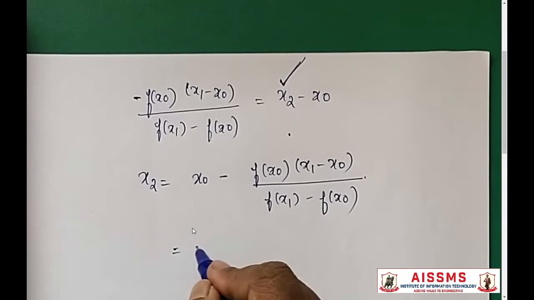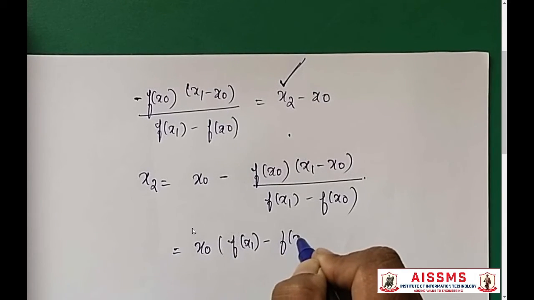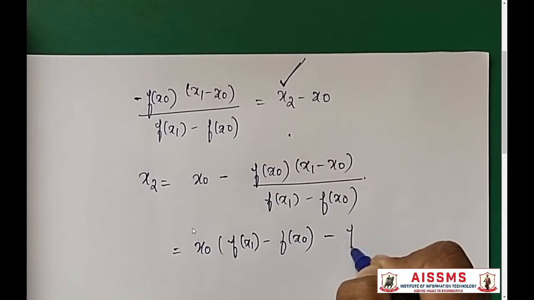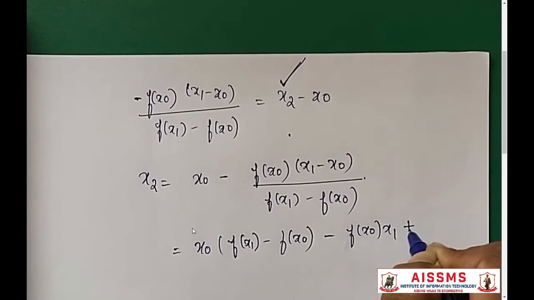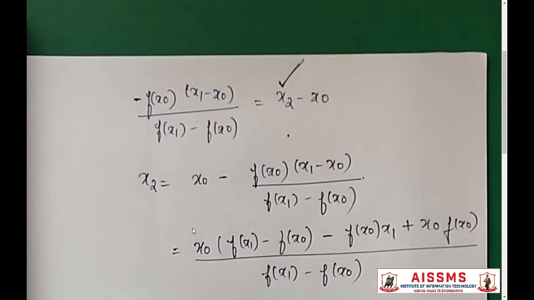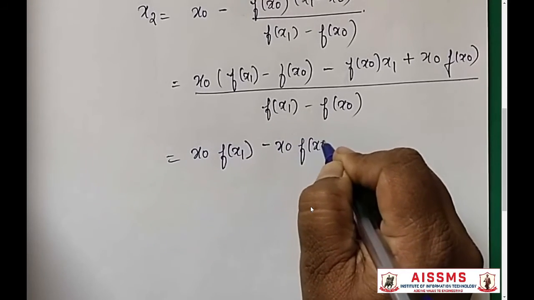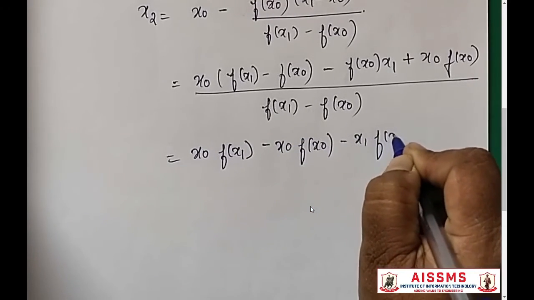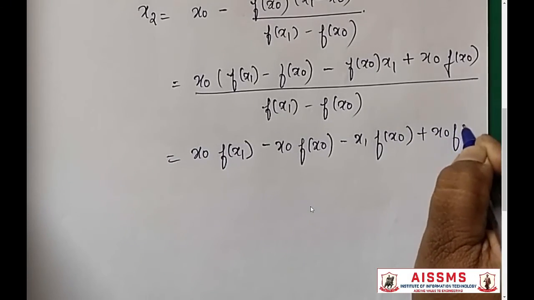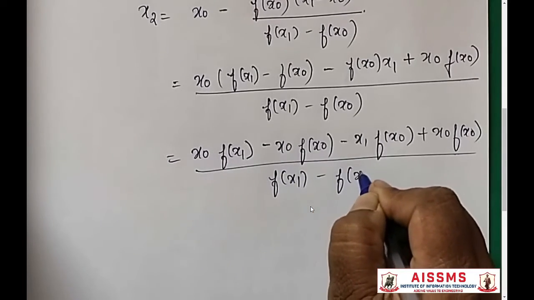From this you will get x0 into f of x1 minus f of x0 minus f of x0 into x1 plus x0 into f of x0 divided by f of x1 minus f of x0, which will give you x0 into f of x1 minus x0 into f of x0 minus x1 into f of x0 plus x0 into f of x0 upon f of x1 minus f of x0.